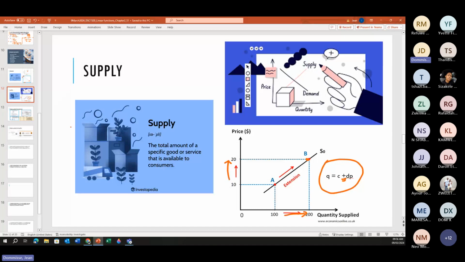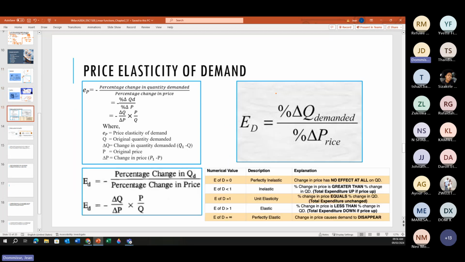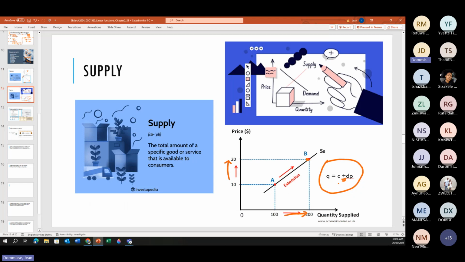So an important thing to take from this is that when you see a formula with a negative in front of the slope, you can nearly already say it's a demand function. If you have a positive in front of the slope, we know it is a supply function.